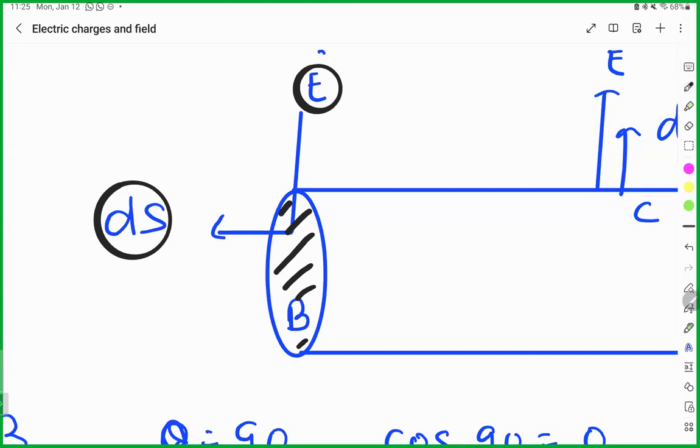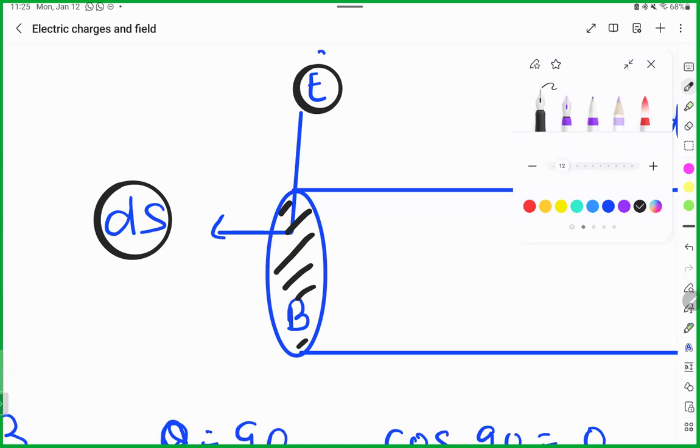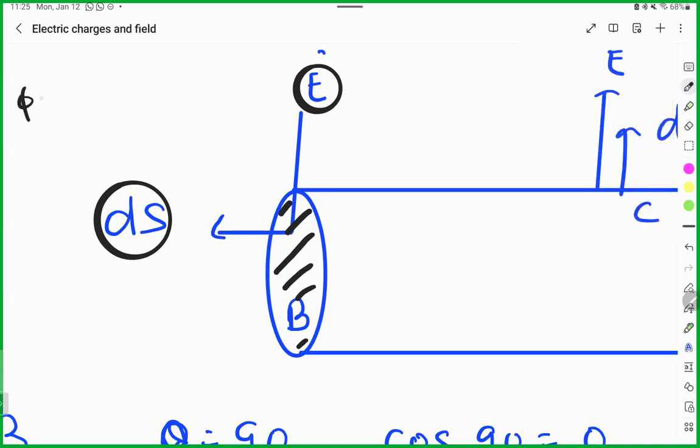When we say electric flux, it is equal to E dot dS, that is E dS cos theta. Remember, this theta is taken with reference to the electric field and the surface area vector. Not area, area vector. This is the angle.